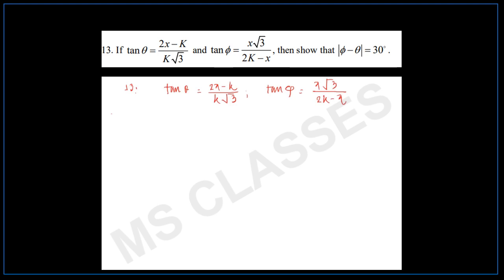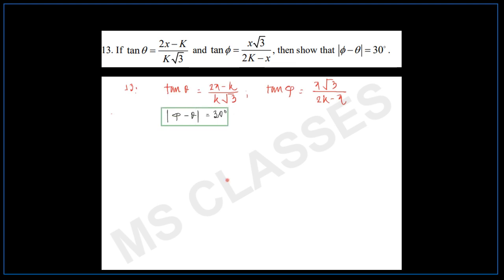That means you have to find the acute angle, the value for which it is positive. Now how to find that? What we need to find here, you see, there is a modulus of phi minus theta. You have to show it is equal to 30 degrees. This is what we need to show.